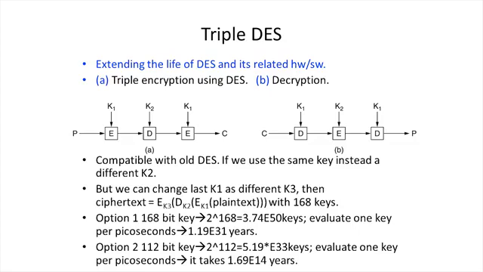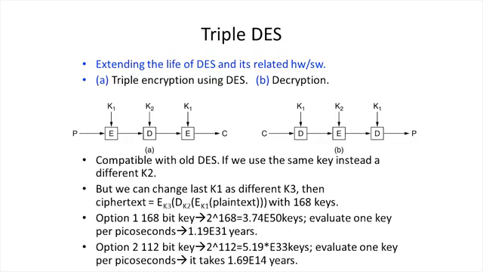The ciphertext is produced by encrypting the plaintext with the DES encryption function and key number 1. Then the result is decrypted with key number 2, and finally encrypted with key number 3.